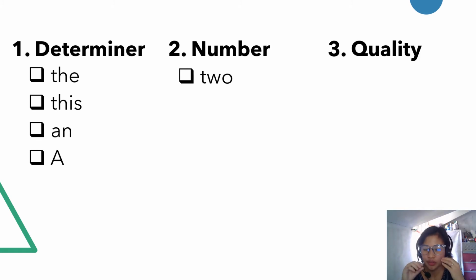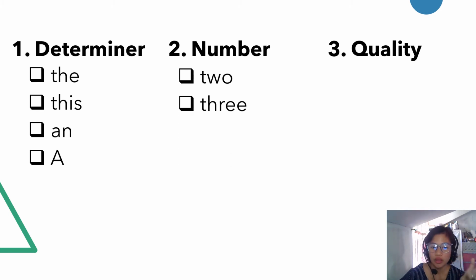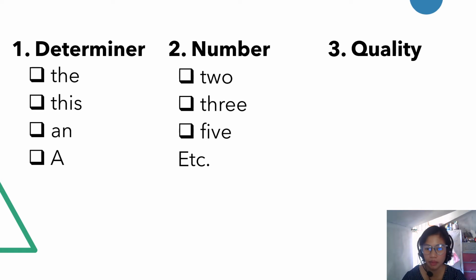Okay, let's proceed to number. So, number, it tells how many. Okay, so you can write there the quantity of the noun. It can be 2, 3, 5, and any number. Okay, that can tell how many your noun is. How many is the noun that you are describing.